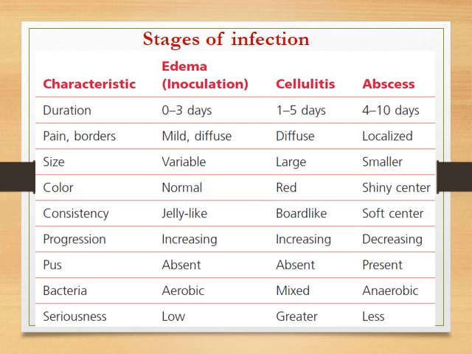Progression is decreasing, because in this stage we are near the completion of the infection. We are approaching the resolution of the infection. When we say abscess, it means we have pus in a closed area with no oxygen, so anaerobic bacteria are present.